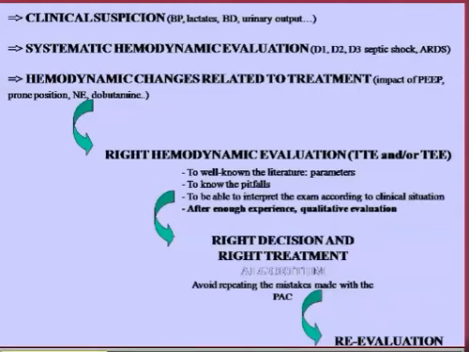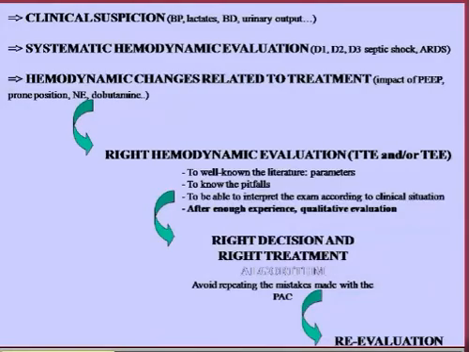Or you can decide to perform an echo for a systematic hemodynamic evaluation in the most severe patient in septic shock or in acute respiratory distress syndrome. You can decide to do an echo at D1, D2, D3, whatever the clinical situation. And you can also decide to perform an echo to check for the change related to the treatment.